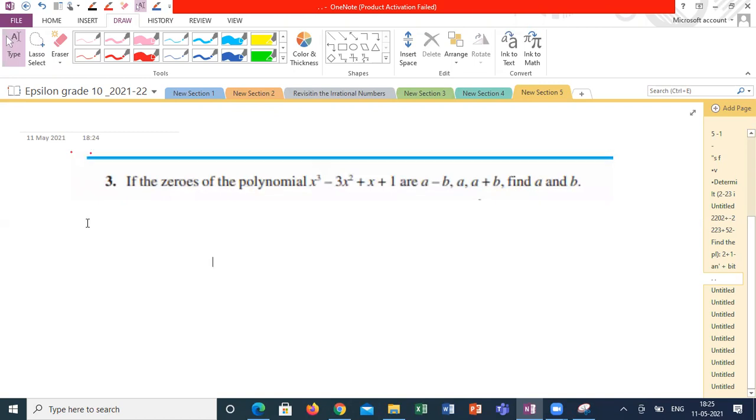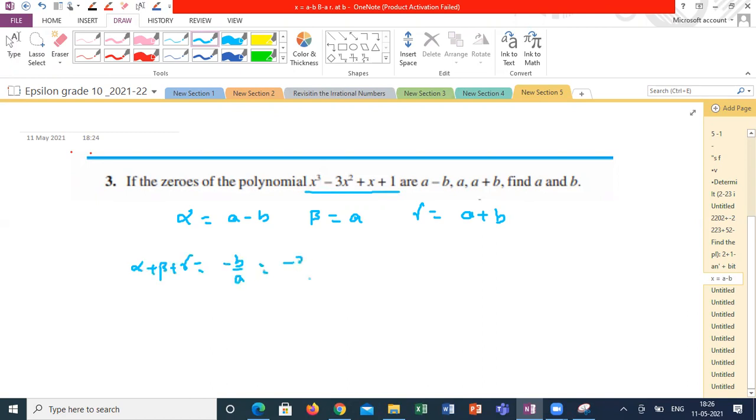What is the given data here? The zeros of the polynomial: alpha is equal to a minus b, beta is equal to a, gamma is equal to a plus b. From the equation, alpha plus beta plus gamma is equal to minus b by a, that is minus of minus 3 by 1, which is 3. That is equal to a minus b plus a plus b.